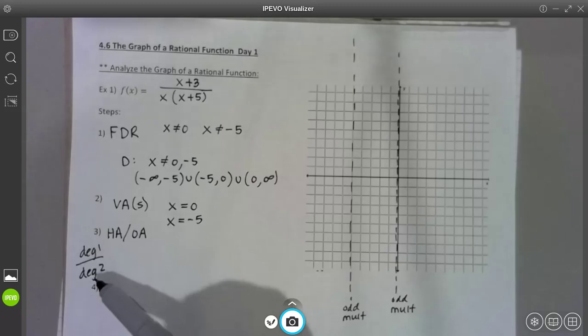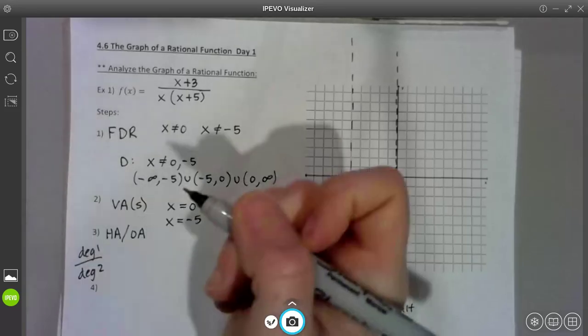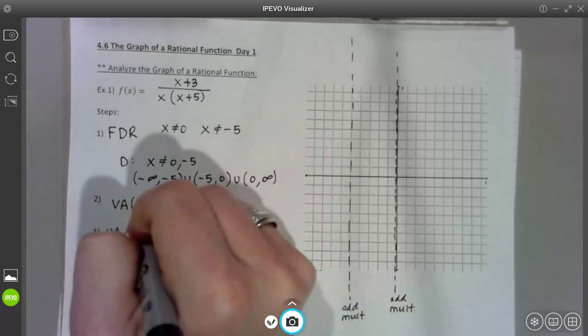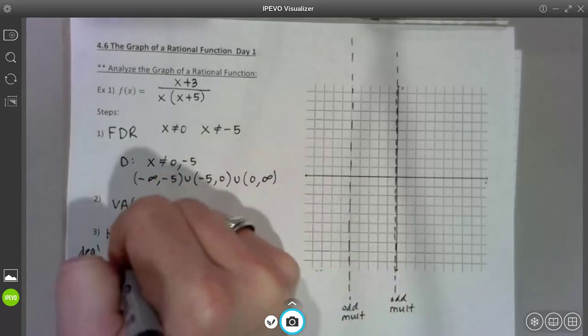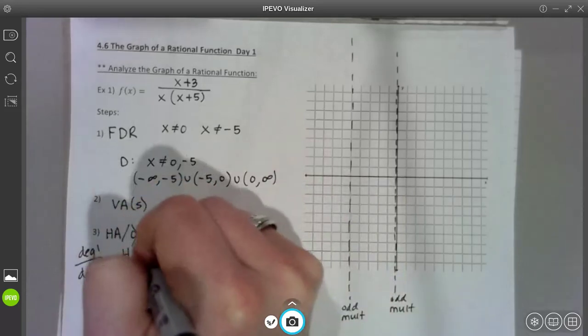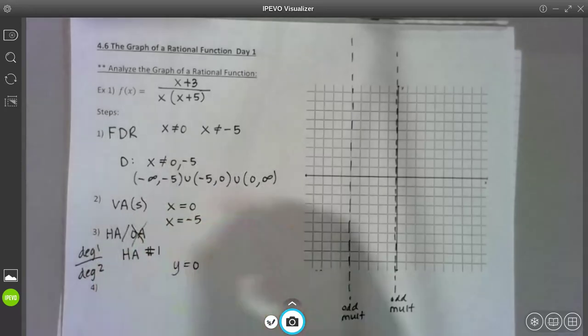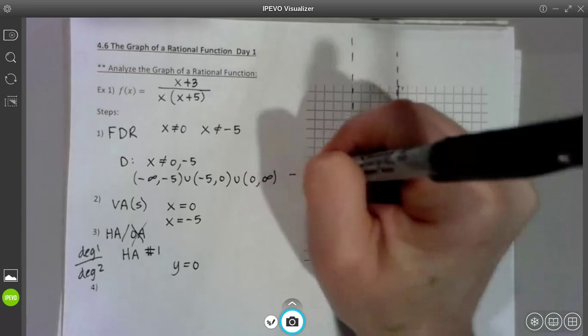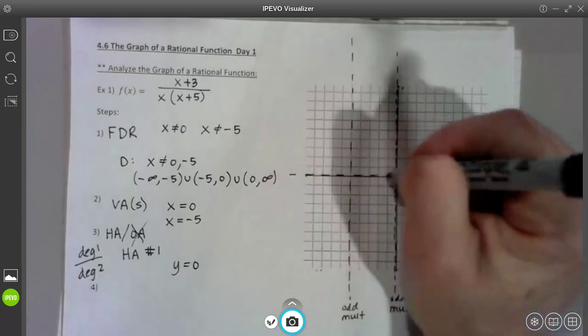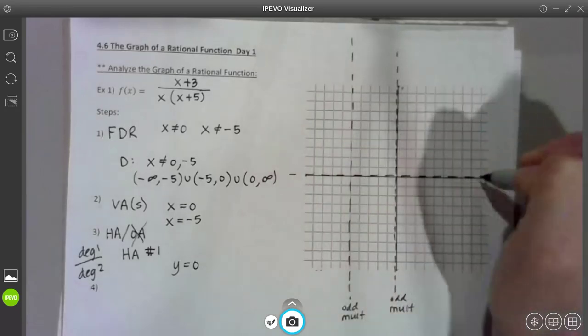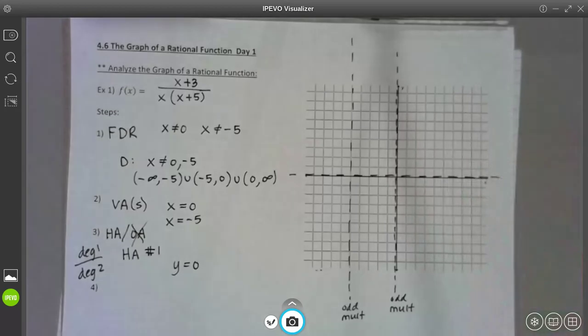That's always going to head towards 0. Rule number 1 says in this situation, your HA, no OA, will be the line y equals 0, the x-axis. And again, that's a set of rules you're going to have to memorize. So there's no OA. It has an HA according to rule number 1 at the line y equals 0. So now give yourself a horizontal asymptote at the x-axis, y equals 0.